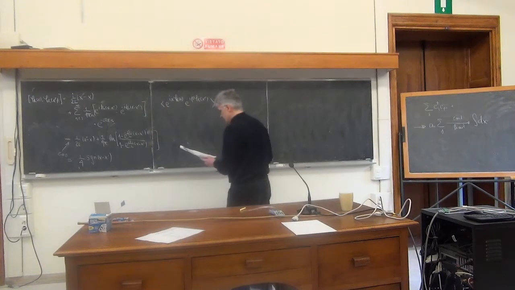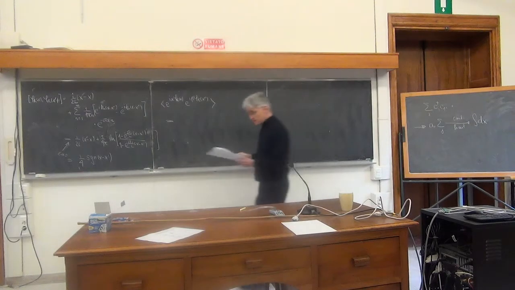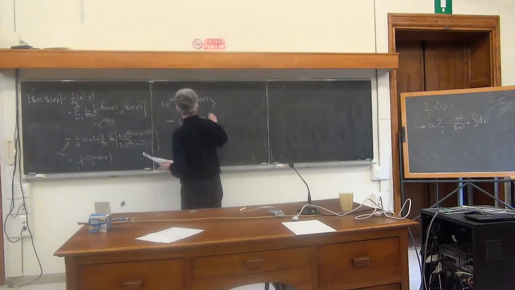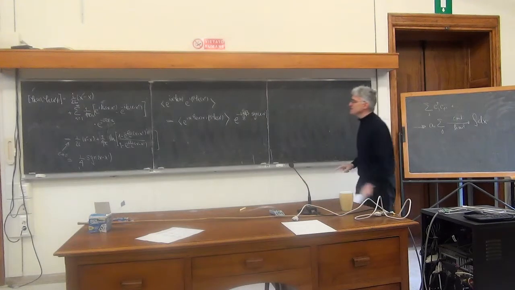And using what I just erased over here, I can rewrite this now as the expectation value of e to the i alpha phi right of x plus i beta phi right of x prime, times e to the minus i pi over 8 alpha beta sine of x minus x prime, it turns out. So that came from what I had written here.